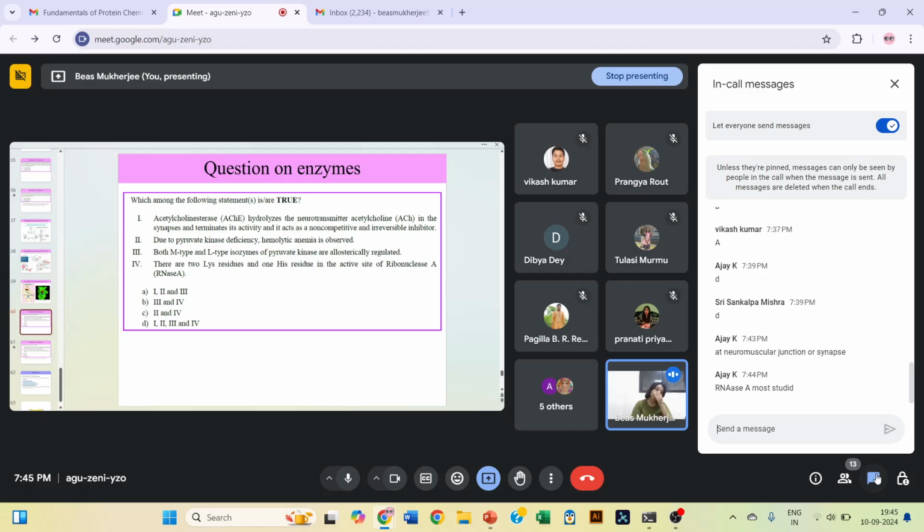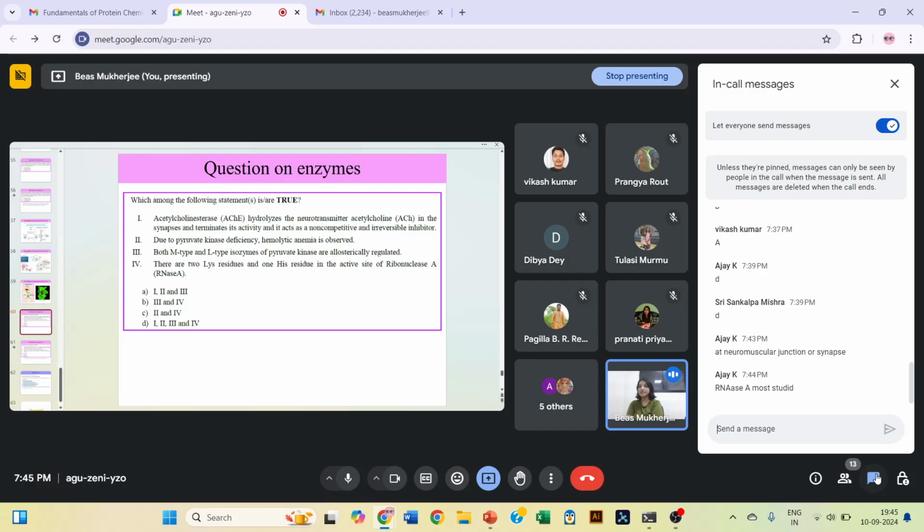Yes, you're right. At neuromuscular junction or synapse, acetylcholine is released. Acetylcholinesterase hydrolyzes. Which of these is true?